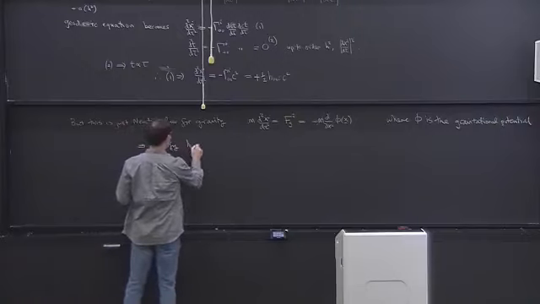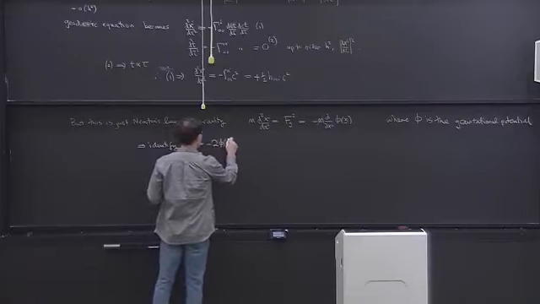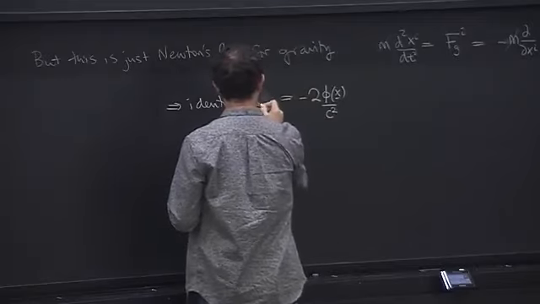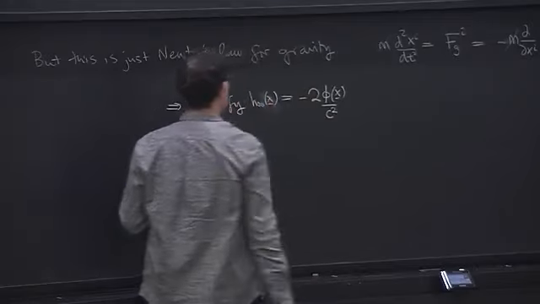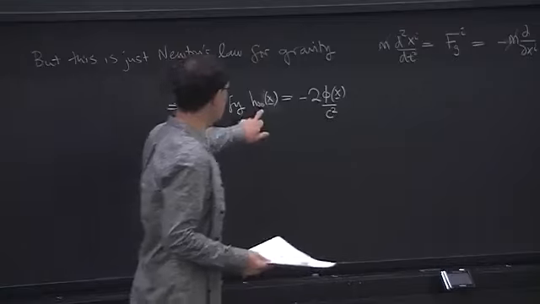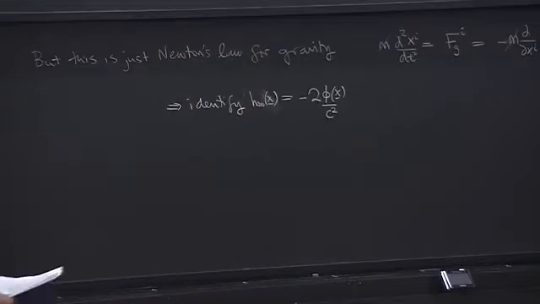And so from this, we can identify h00 of x is equal to minus 2 phi of x over c squared. So the perturbation in the time component of the metric is just minus twice the gravitational potential over c squared.